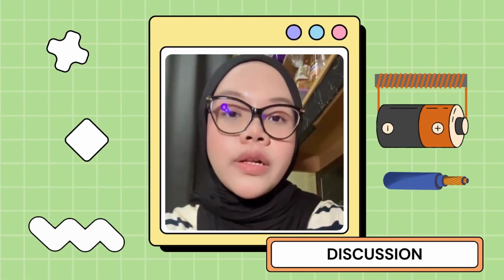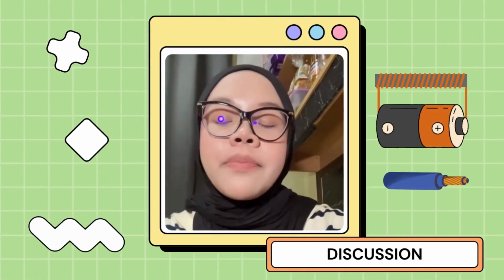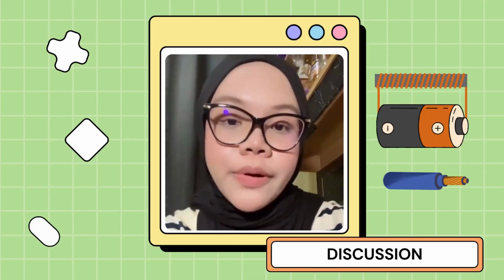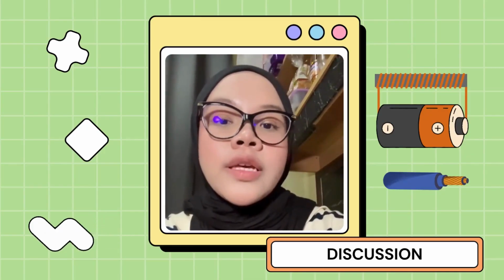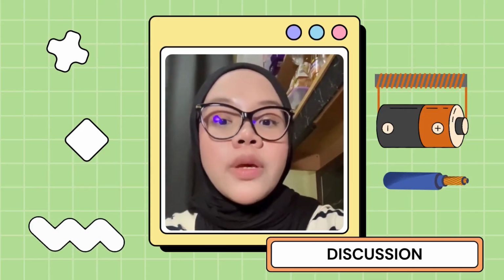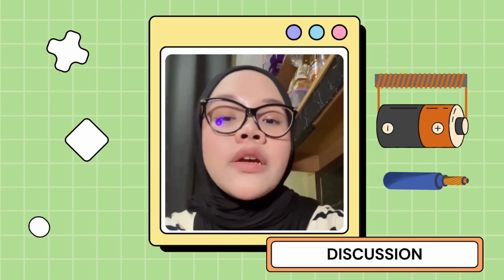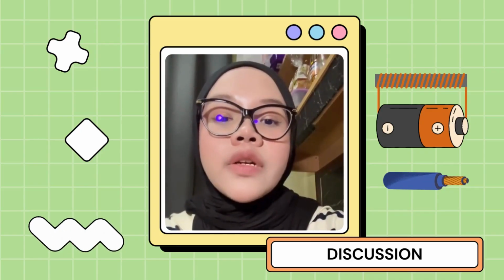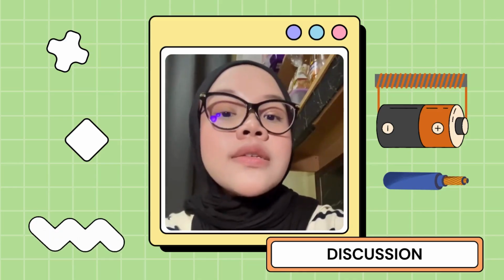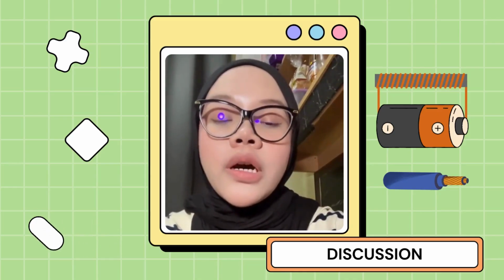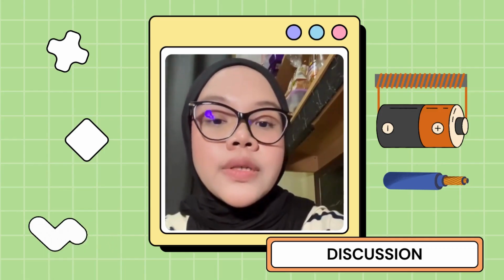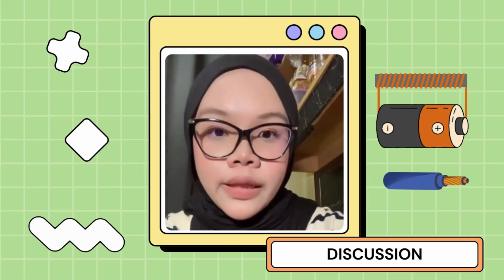So today I will explain the discussion part of this experiment. First of all, the discrepancy between theoretical predictions and experimental results. The core of our discussion revolves around the clear and consistent discrepancy between our calculated theoretical values and the measured experimental data.